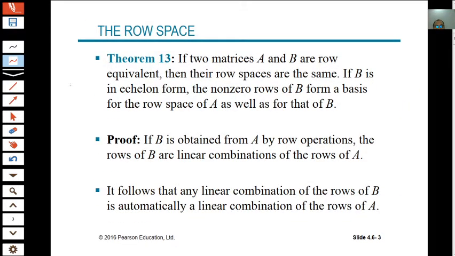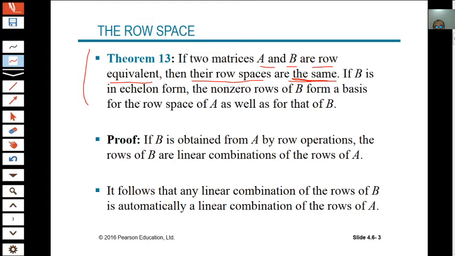Okay, so we have an important theorem here. If two matrices A and B are row equivalent, then the row spaces are the same. We get the same space for the row equivalent matrices.